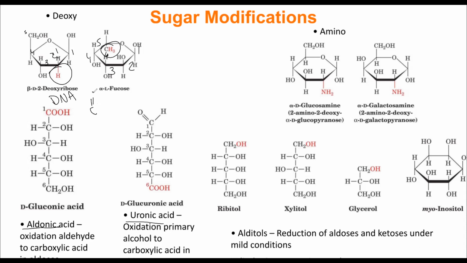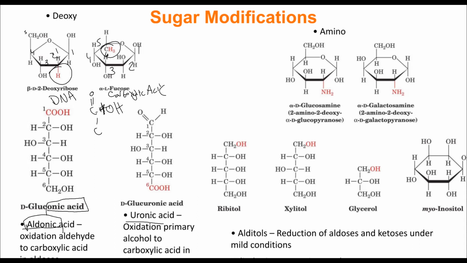So normally our aldehyde will look like this, but if you attach an alcohol group, remember this is a carboxylic acid, and our name is gluconic acid. This is for glucose. So this is an aldonic acid. And the naming scheme is you just add onic acid to the name. So instead of glucose, gluconic.